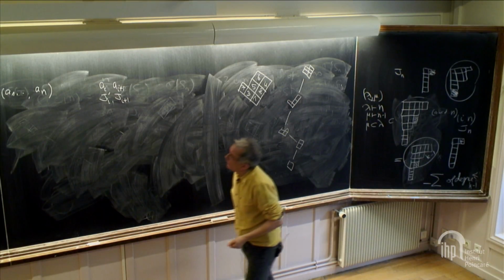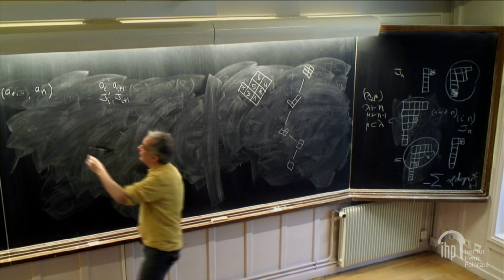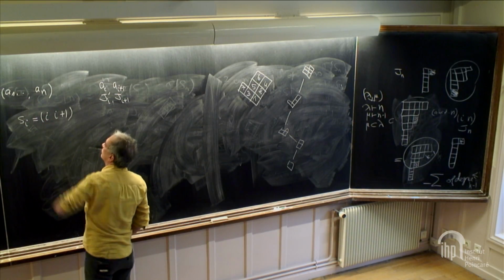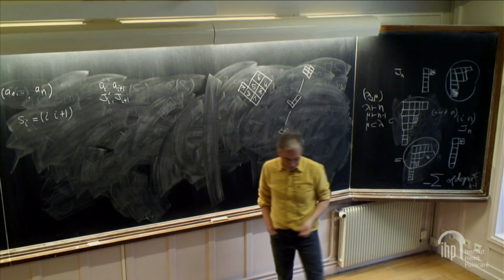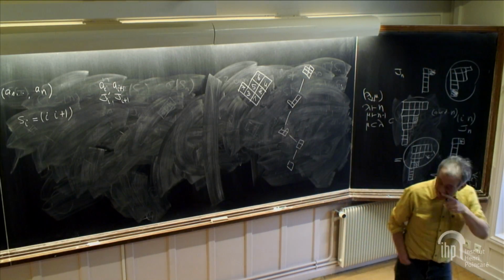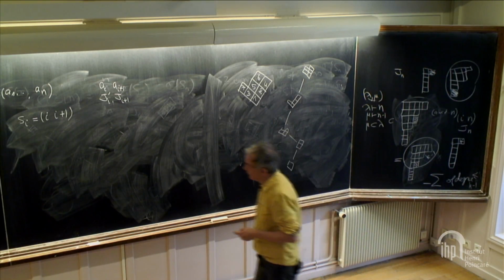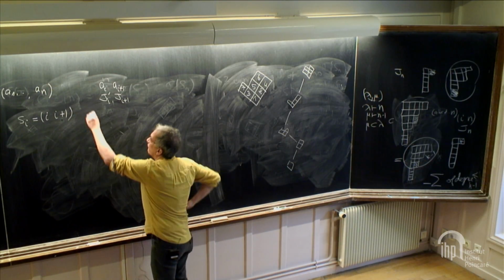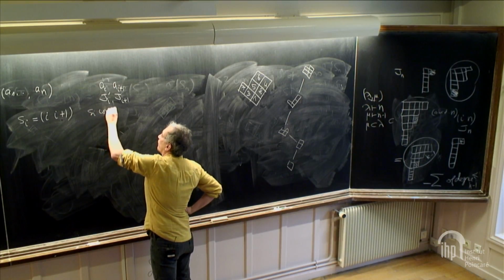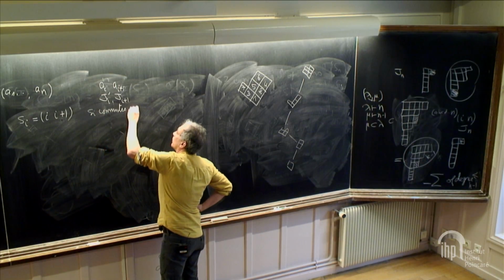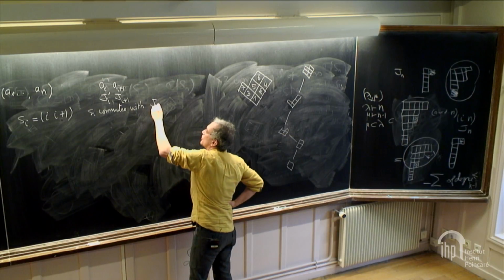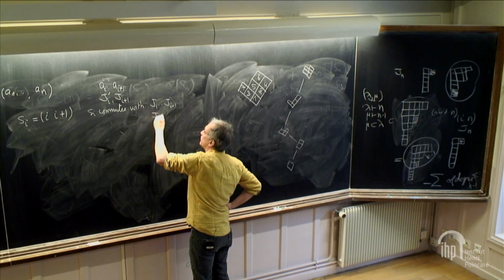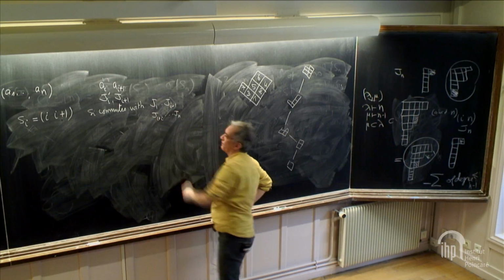Okay. And now I remark that there is an element Si, which is a transposition between i and i plus 1. So Si commutes with J1, etc., up to J(i-1), and with J(i+2), ..., Jn. Okay?